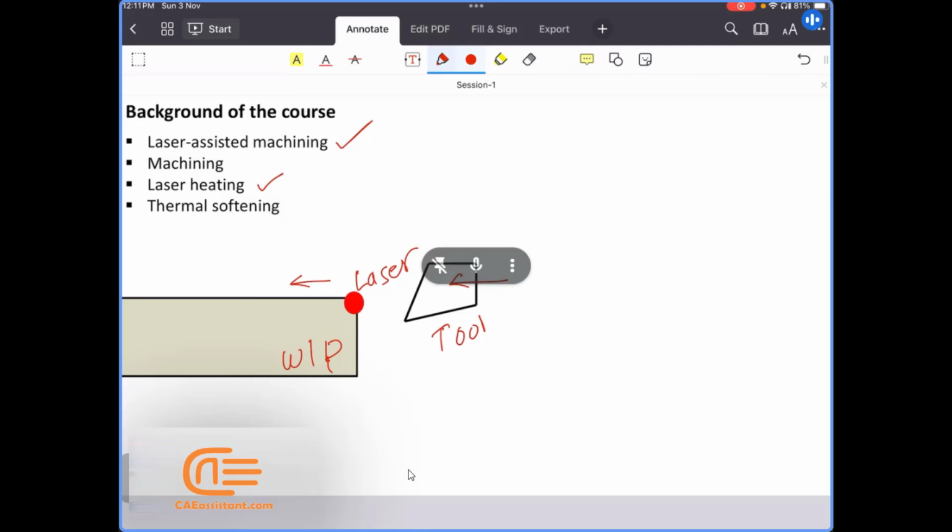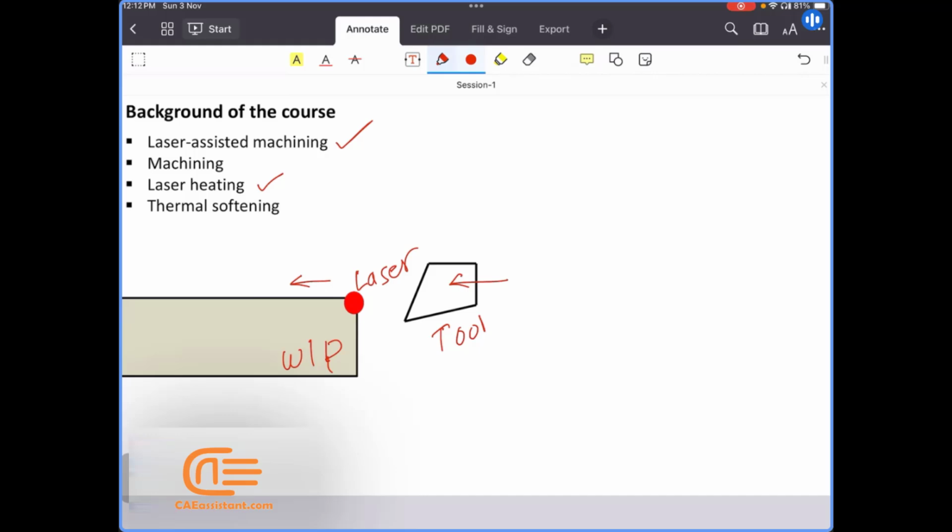The laser heat source will heat the surface of the workpiece, and this heat will conduct inside the workpiece up to some depth. So a certain depth of the workpiece will heat up, the temperature will increase, and that will cause a very simple physical phenomenon that everybody knows, that is thermal softening.